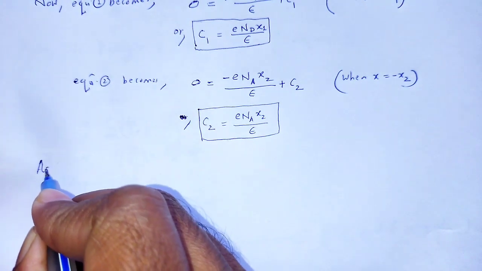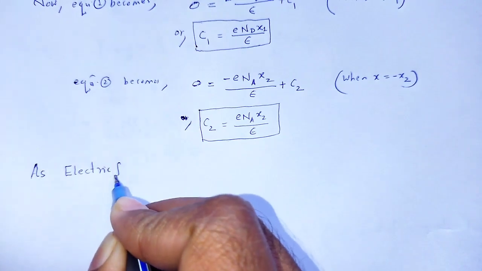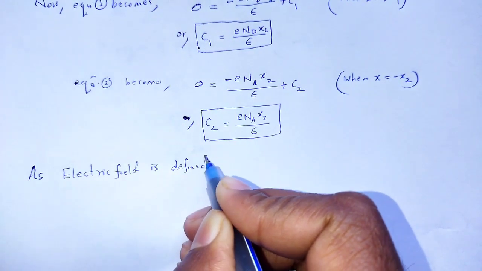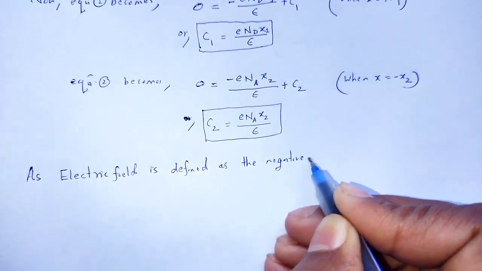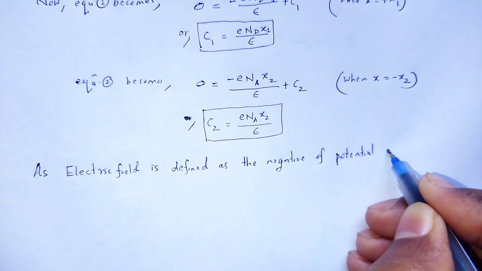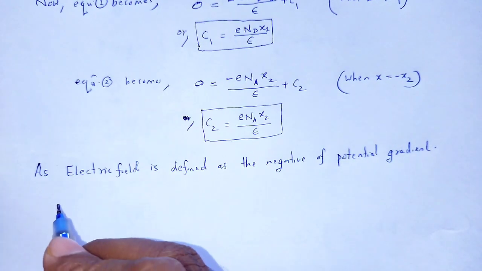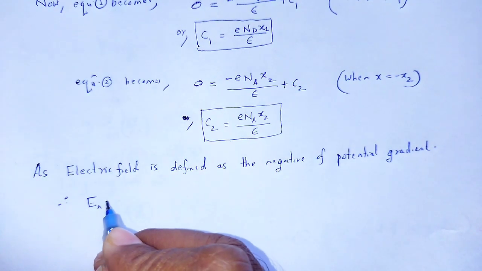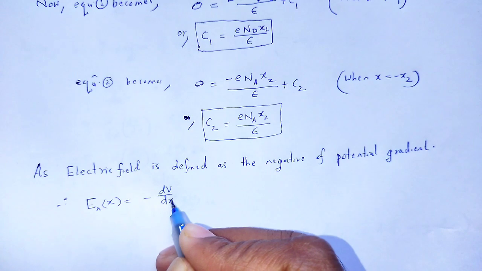As electric field is defined as the negative of potential gradient, therefore, for n region E n of x is equal to minus dV by dx.